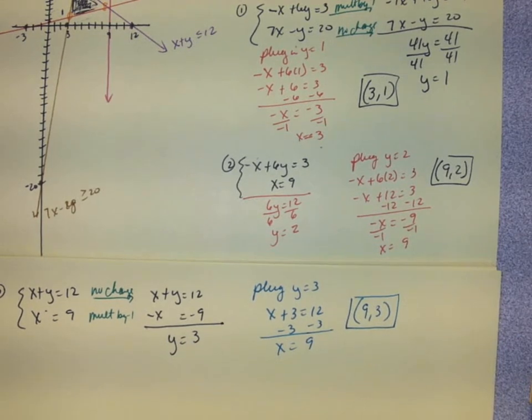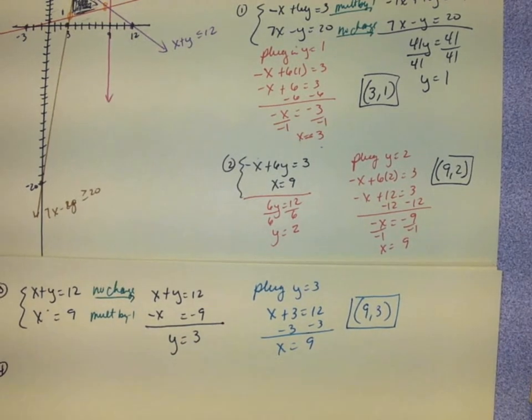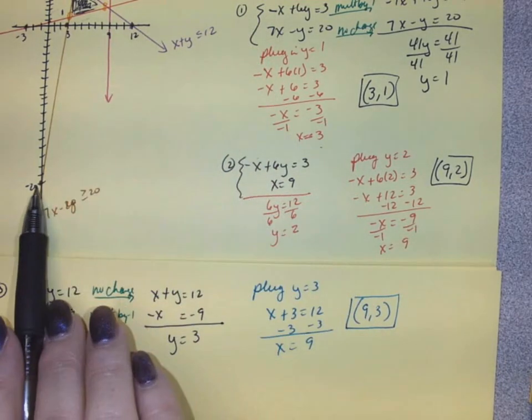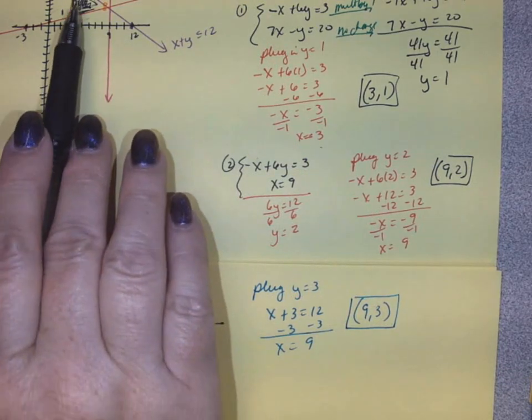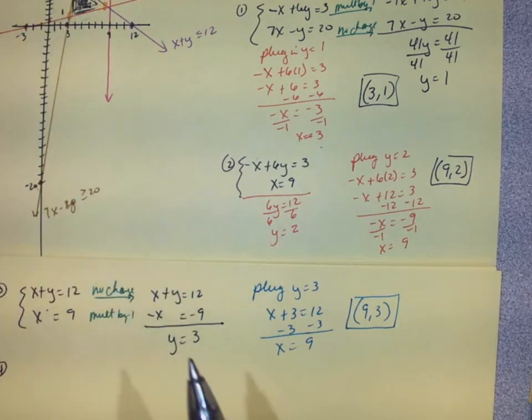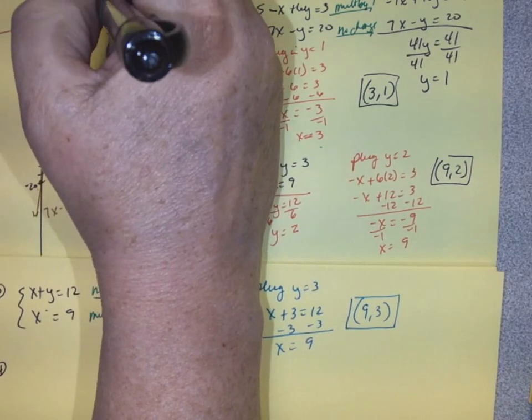So let's go to our fourth system. Our fourth system is going to be our 7x minus y greater than or equal to 20, and our x plus y equals 12. So that's our fourth one. So we did number 2, we've done number 3. This will be our fourth point.